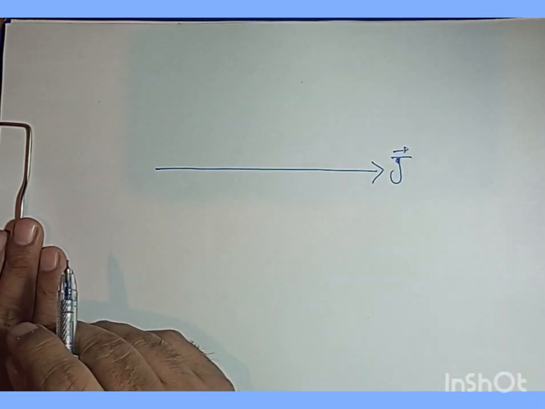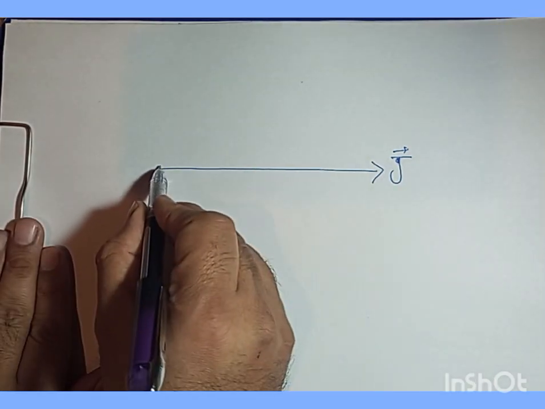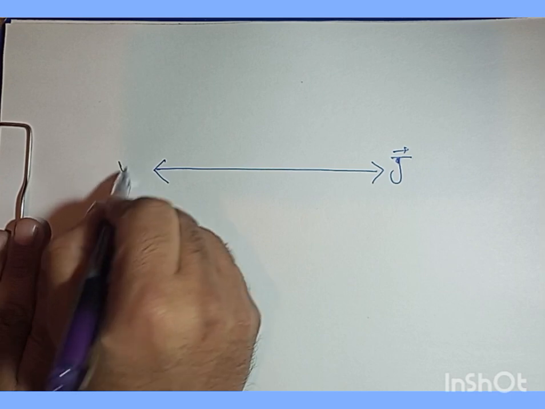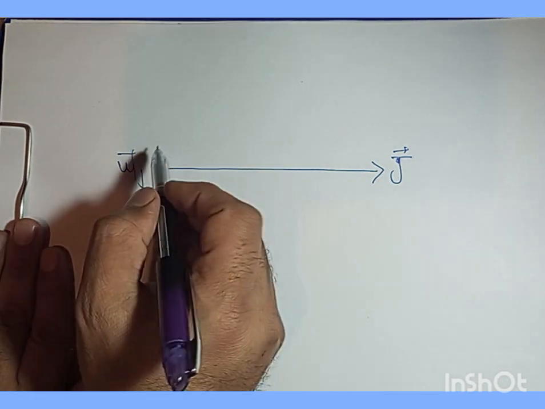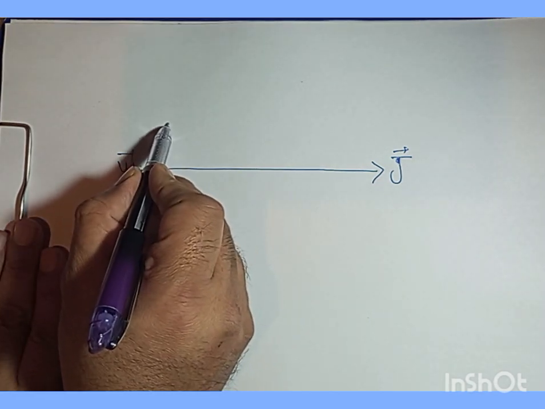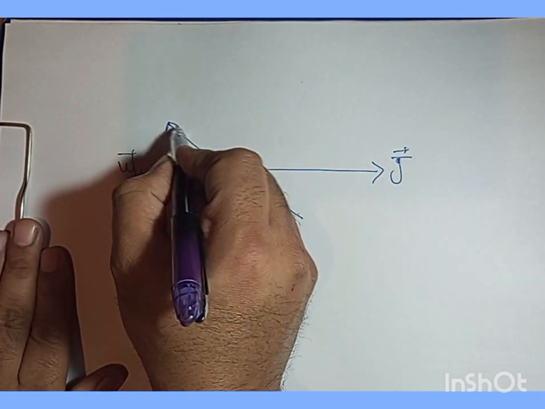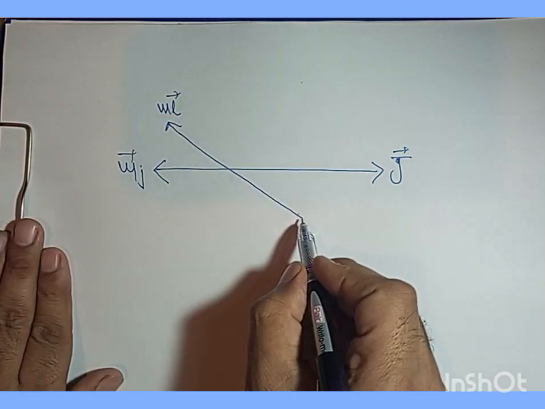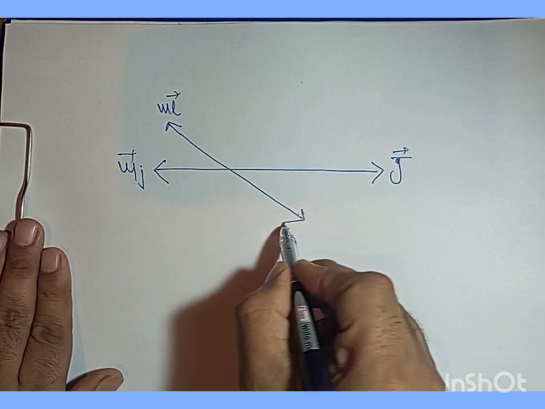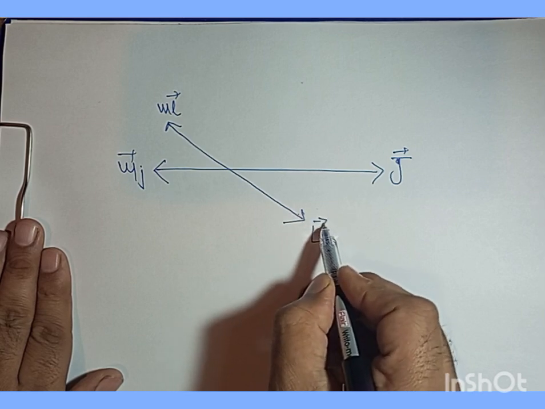This is the total angular momentum of the atom as J vector, and what is opposite to this J vector is mu J. All right, and then I will take mu L. So let us go from here, and this is my mu L vector, and this should be the L vector, because L is opposite to mu L. So this will be my L vector.